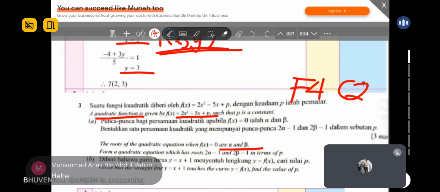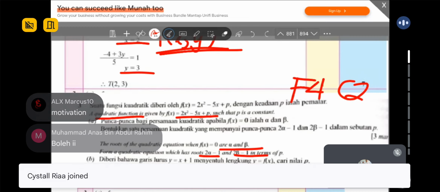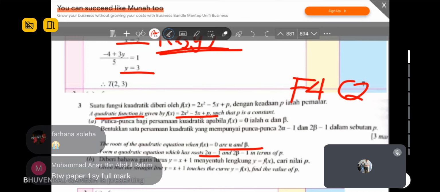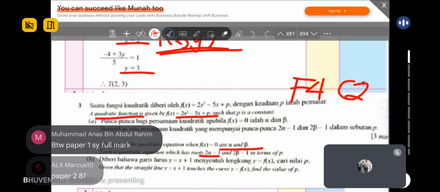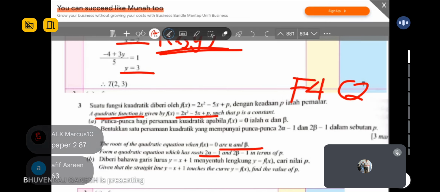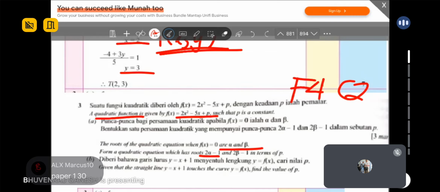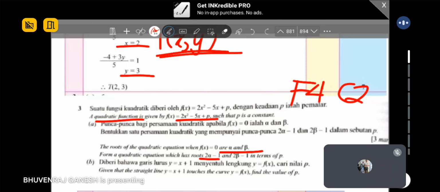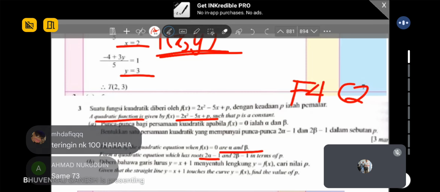Is anyone jealous seeing this mark, 88? I'm sure a lot of you over here are very jealous. Oh, Afiq is flexing. Wow, good, Afiq. Add Math is not hard, you just don't understand yet. You must understand. Wow, full marks. I never got that either. Not bad. Paper 2, 87. Very good. If you can score higher than 80 in paper 2, A2 is in your hands, if nothing goes wrong in paper 1.